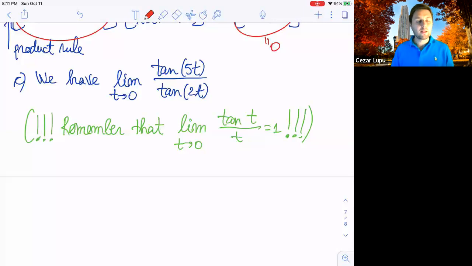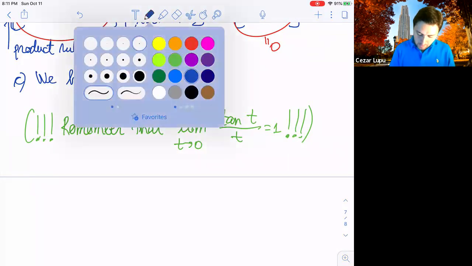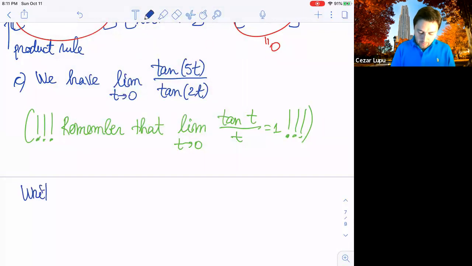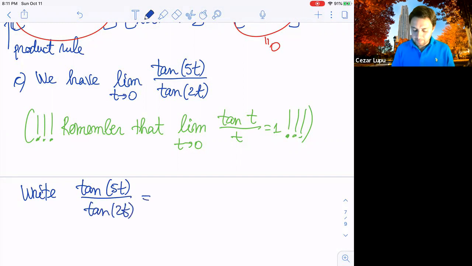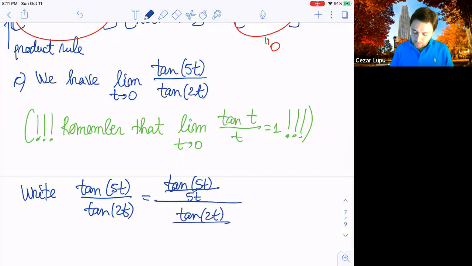So maybe we can write this fraction in the following way. Write tangent of 5t over tangent of 2t as tangent of 5t over 5t, everything over tangent of 2t over 2t.